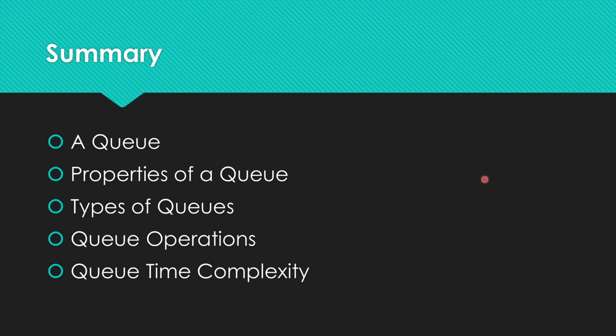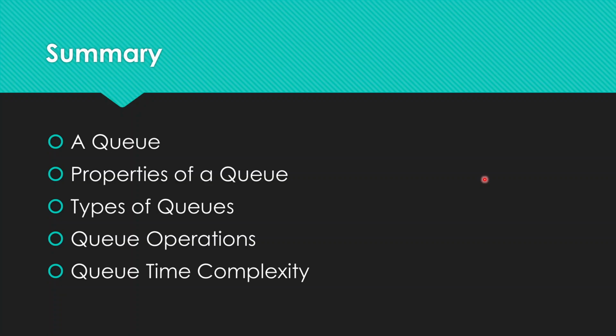You can perform different operations on a queue, including enqueuing, dequeuing, checking the item at the front of the queue, which is called the peek operation. You can also check if the queue is empty, and also if the queue is full.